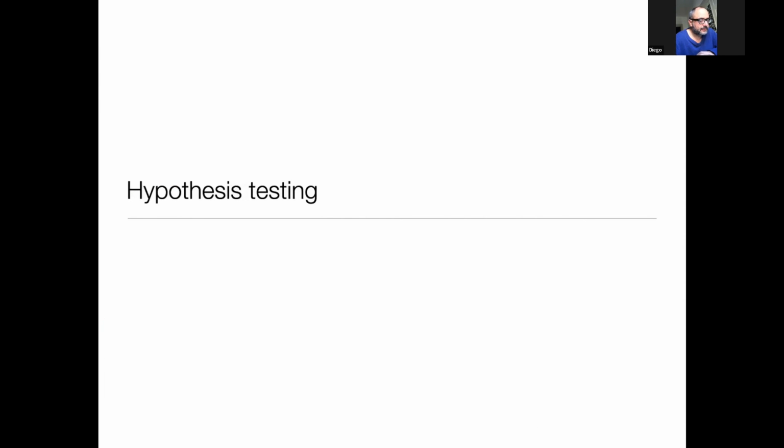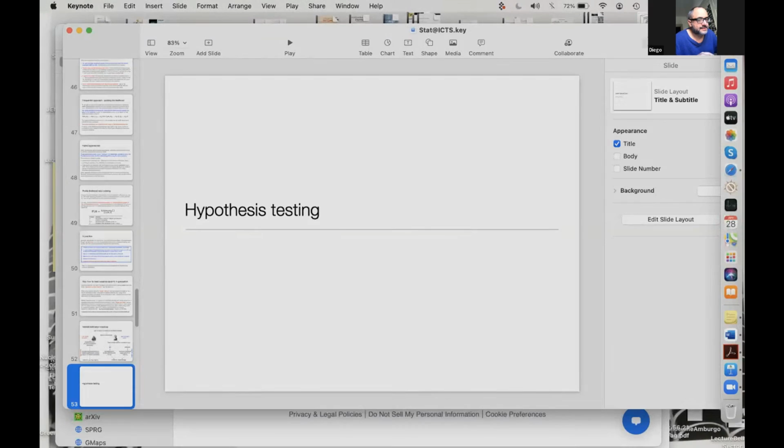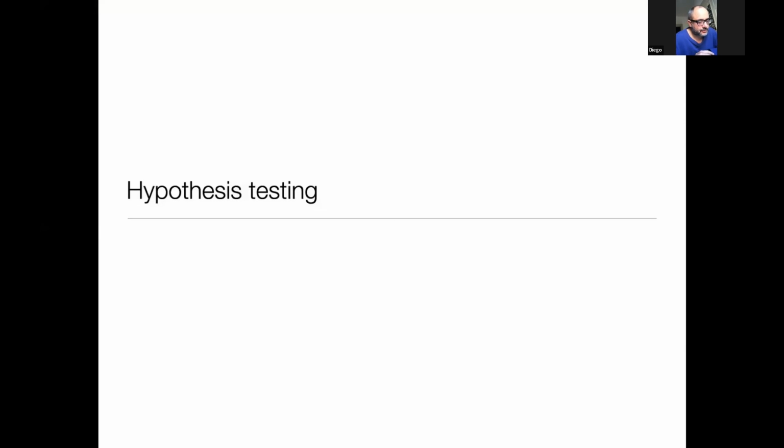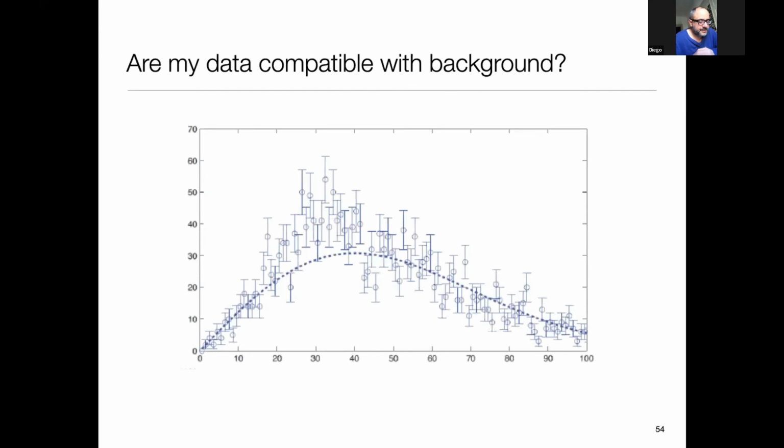And now let me briefly touch on the last topic of this lecture. I hope I can use another 7 minutes maybe. So this is hypothesis testing. And basically it brings us back to one of the first slides I have shown you, right?